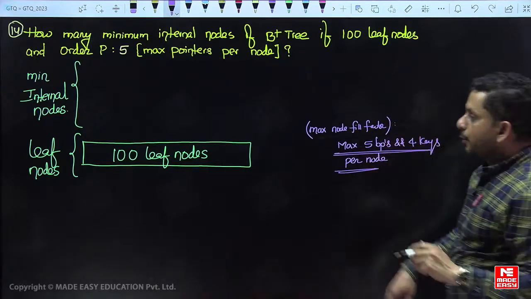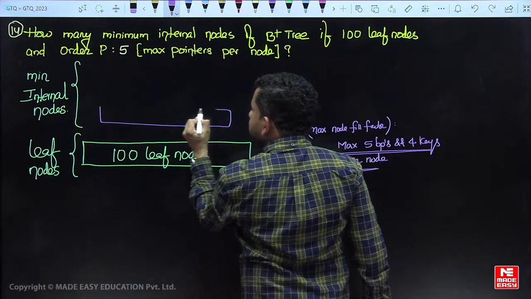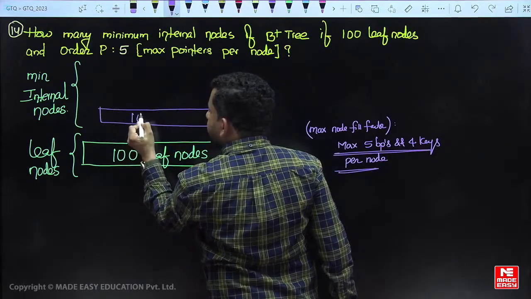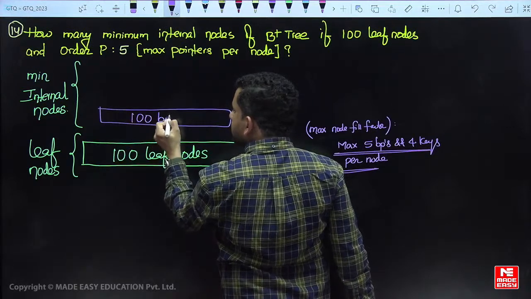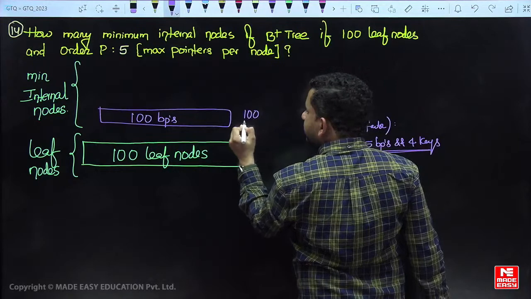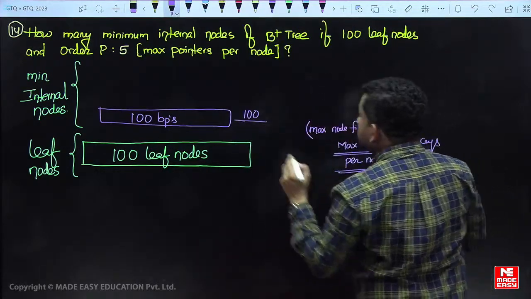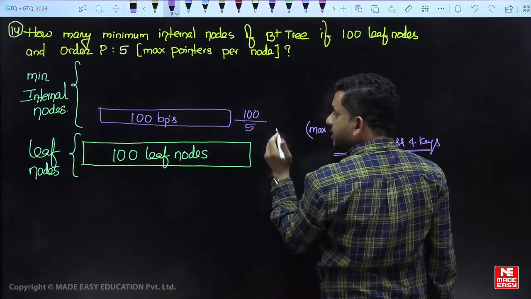Right? Now total 100 leaf nodes. 100 leaf nodes means at the previous level we need 100 block pointers. Bottom up approach, we can consider 100 block pointers. Every node is capable of storing at most 5 block pointers. Internal nodes we are designing based on the block pointers.